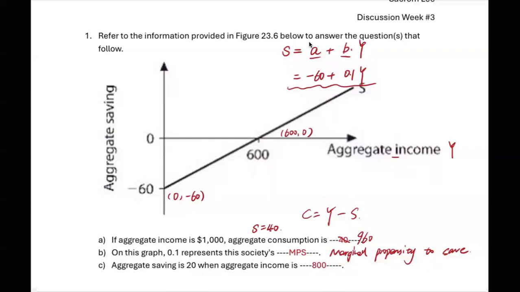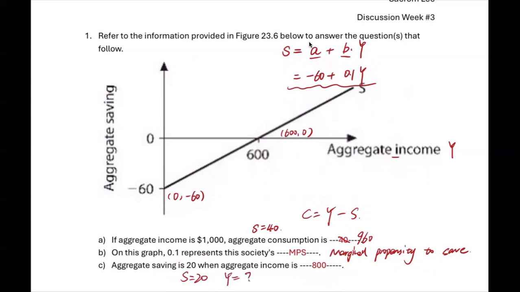Okay, so for question C, I think now you know how to solve it, right? Because it's asking you when saving is 20, then what is the aggregate income? You just need to substitute when S is 20, what is y?